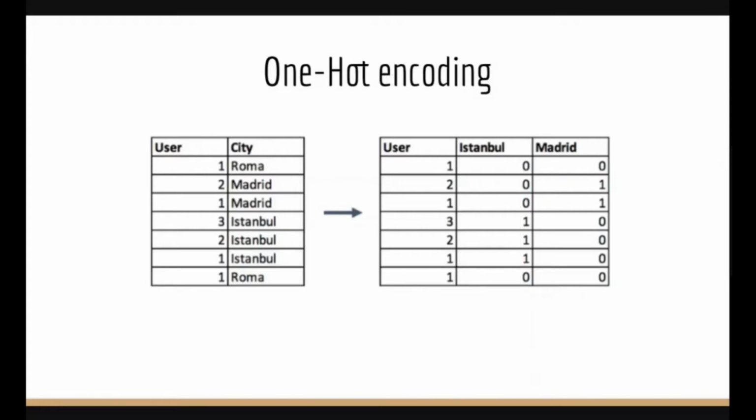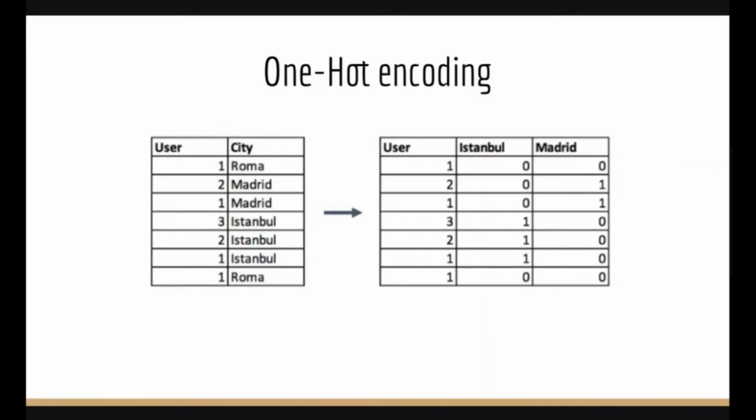For this, we can use pandas. In pandas, there is the get dummies function. If you give this column as input to the get dummies function, it will return the table converted into numerical values.